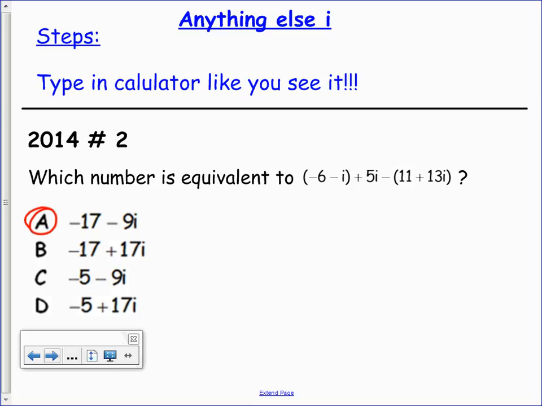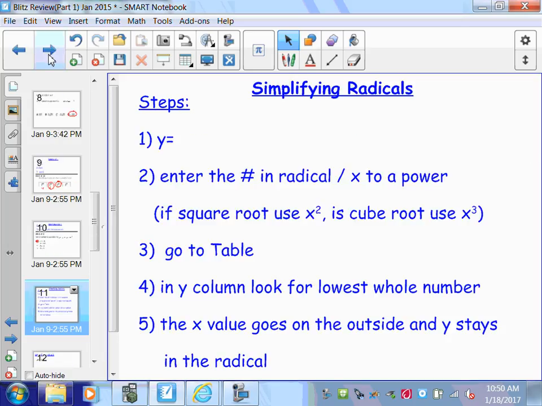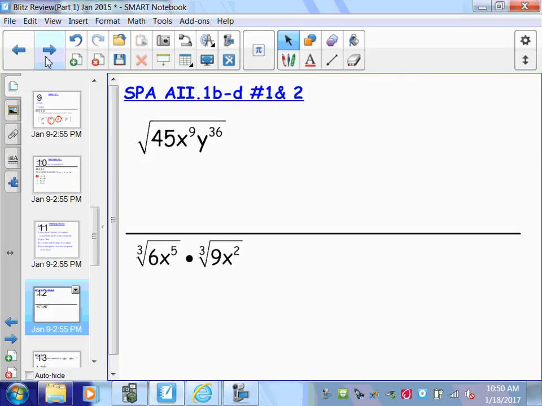This next part, you already know how to do it in the calculator. We've done this and practiced it in class. Just a reminder, if you want to find a radical of something, you take that number, like for the next one, it's 45. Type it into the y column: y is equal to 45 divided by x squared, because this is a square root thing.